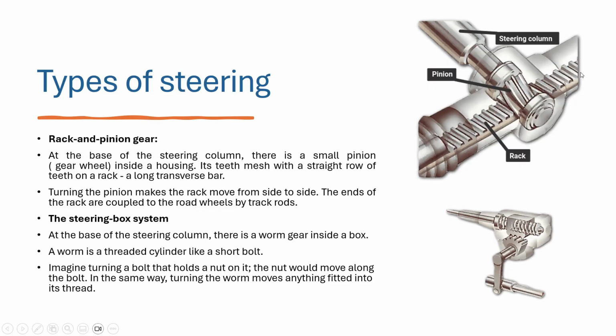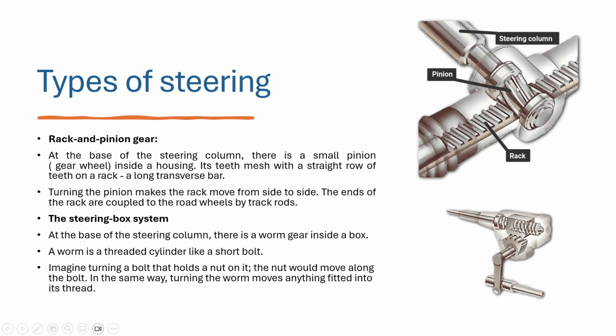It is a straight rack. So whenever the steering wheel is rotated, the pinion produces a rotational force in mesh with a linear rack. So this rotational force is converted into linear force through this mechanical assembly.